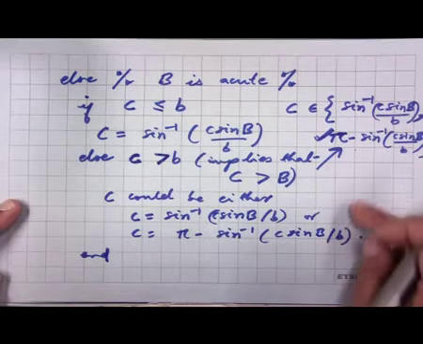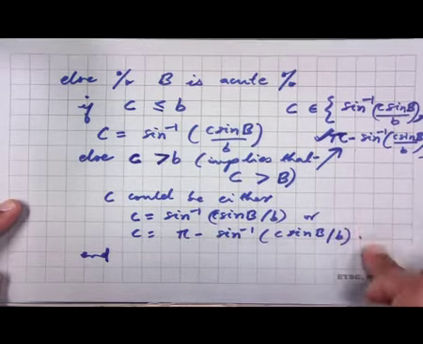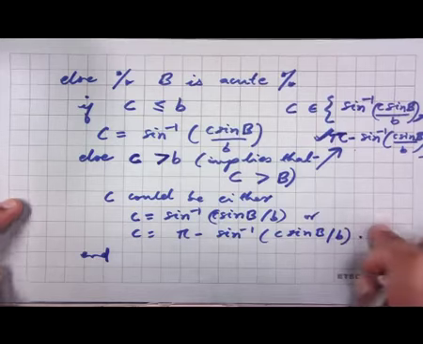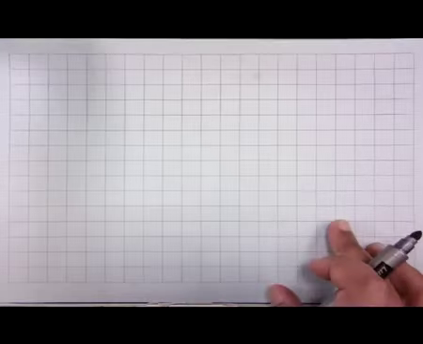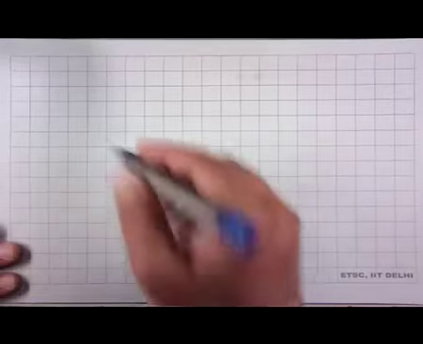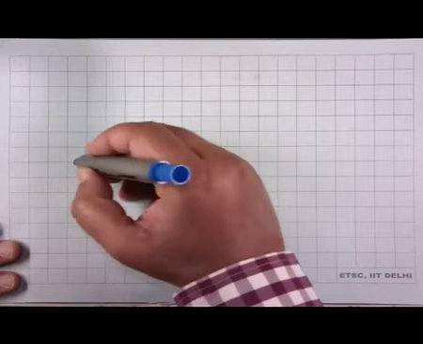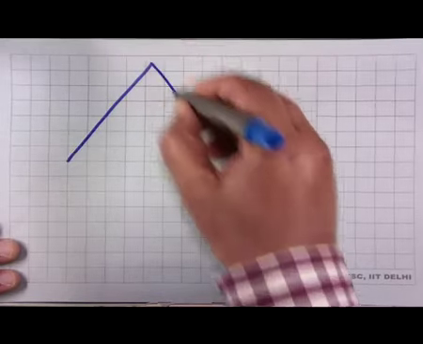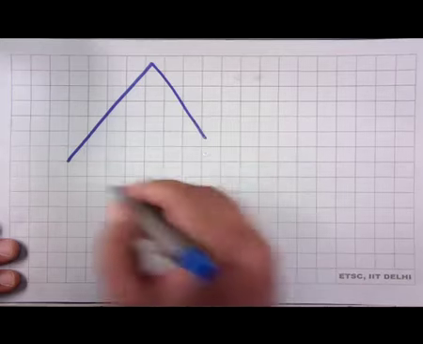So, let us try to understand this ambiguous case. In this ambiguous case, this is what we have.